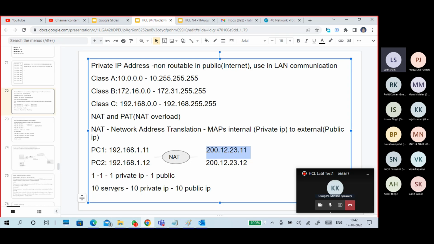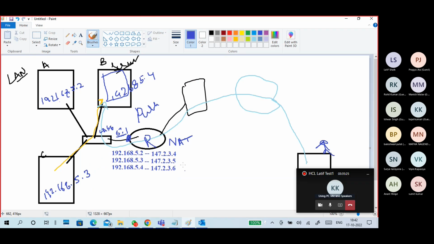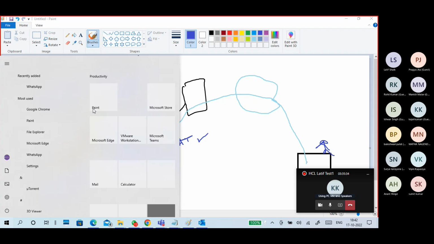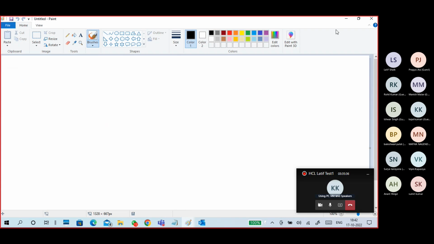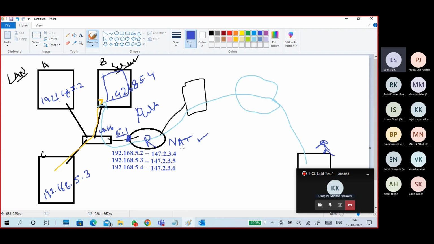If you have 10 servers, meaning 10 private IP addresses, you need 10 public IP addresses. Understand the NAT concept, guys.